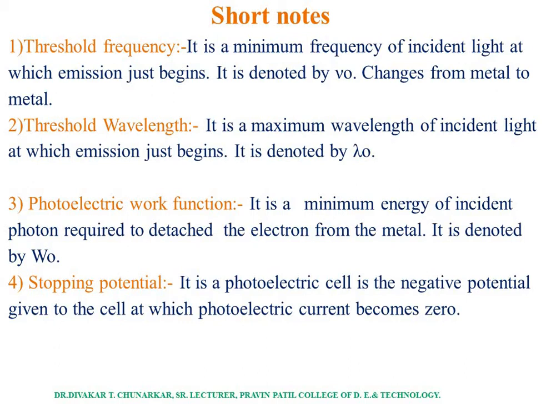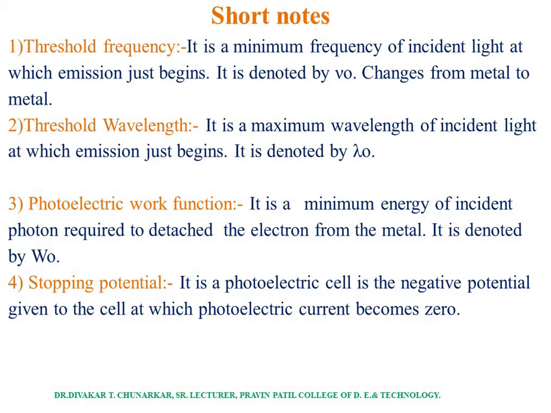In the case of threshold frequency, denoted by nu zero, it is the minimum frequency, a very small frequency of incident light at which emission just begins. It changes from metal to metal.